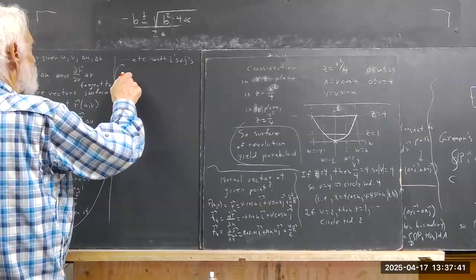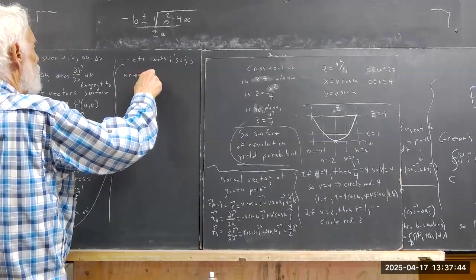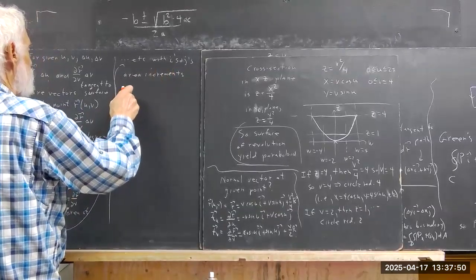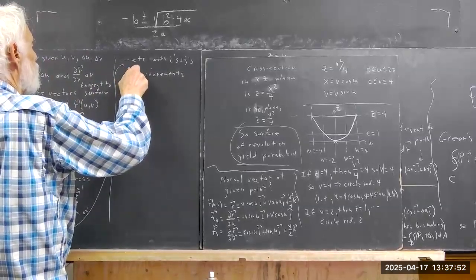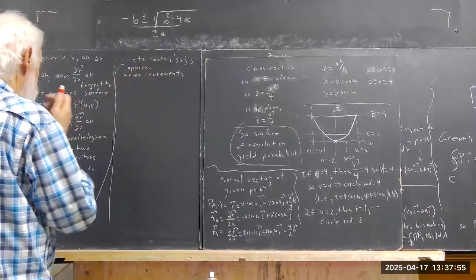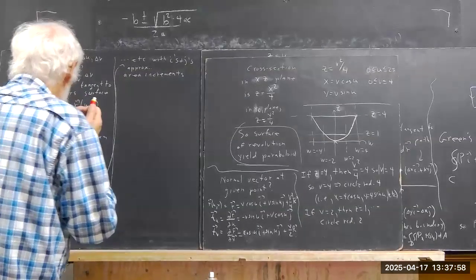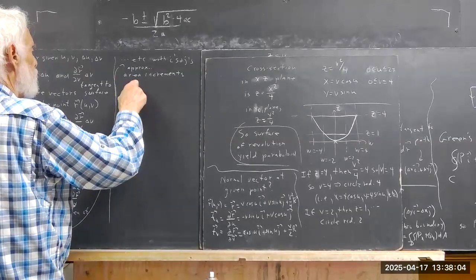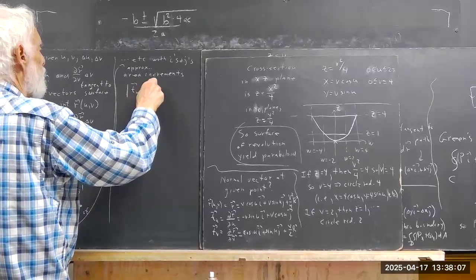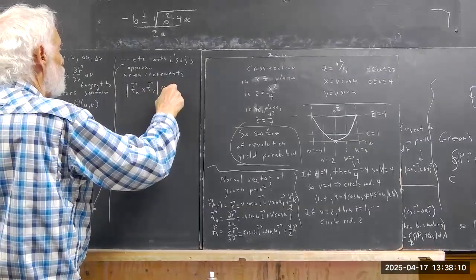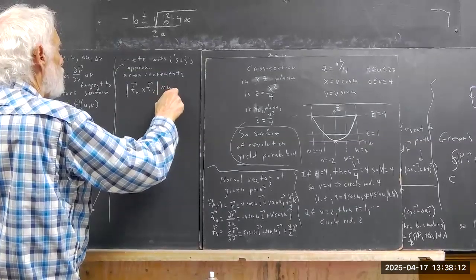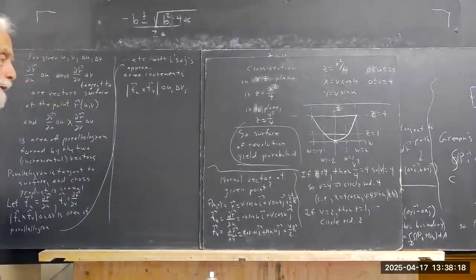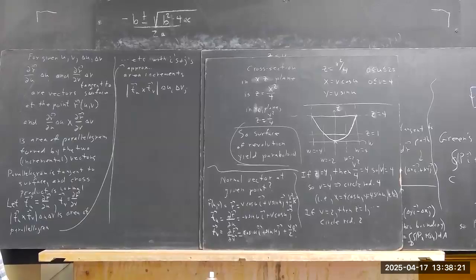And we get the split area increments, delta u_i delta v_j.